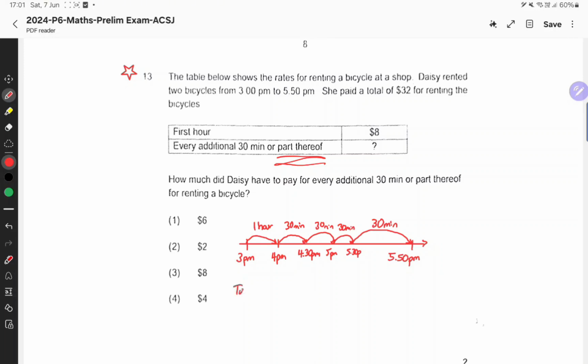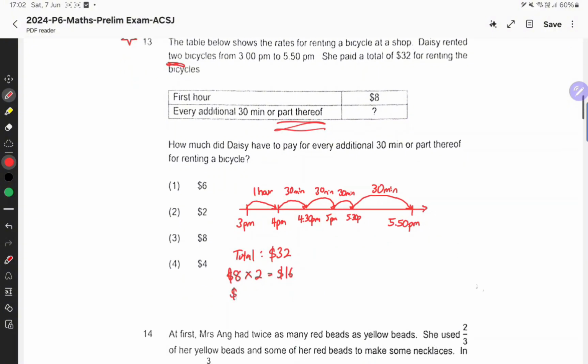We know that we require $32. We have 2 bicycles. The keyword is 2 bicycles. The first hour is $8, so $8 times 2 is $16. Then 32 minus 16 equals $16.